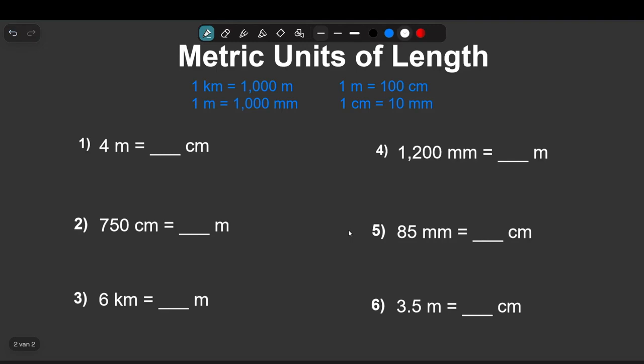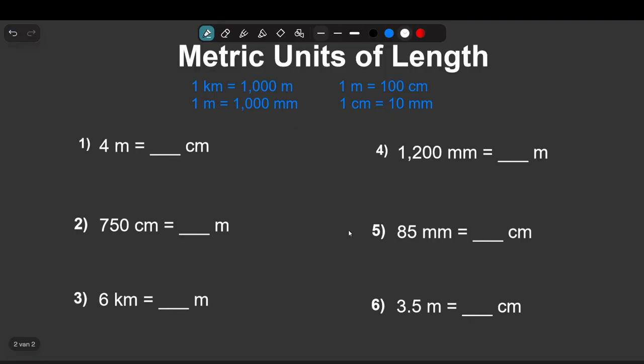So, for example, we have millimeter. The prefix milli means 1000 of a meter, so it takes 1000 millimeters to create 1 meter. Now we have centimeter.